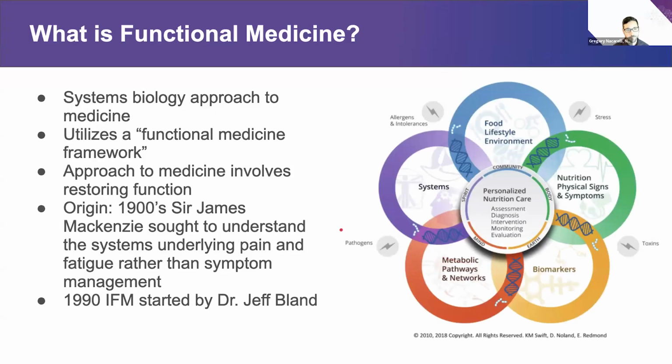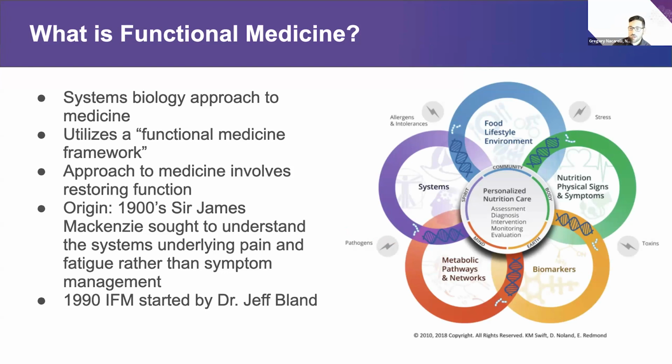Enter functional medicine. So functional medicine is a systems biology approach to medicine, in that it's looking at the interconnection of various systems in the body and how they are associated with health. Using functional medicine in practice involves using a functional medicine framework, and this framework involves restoring function. So that's the whole premise.